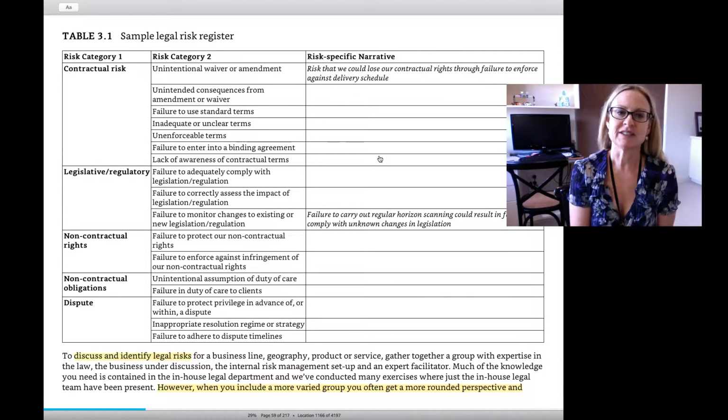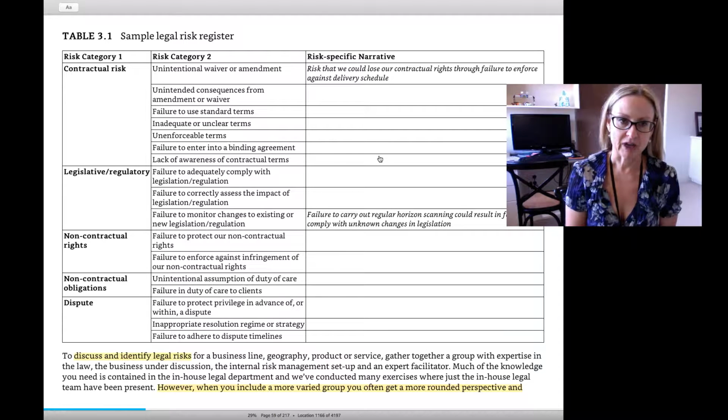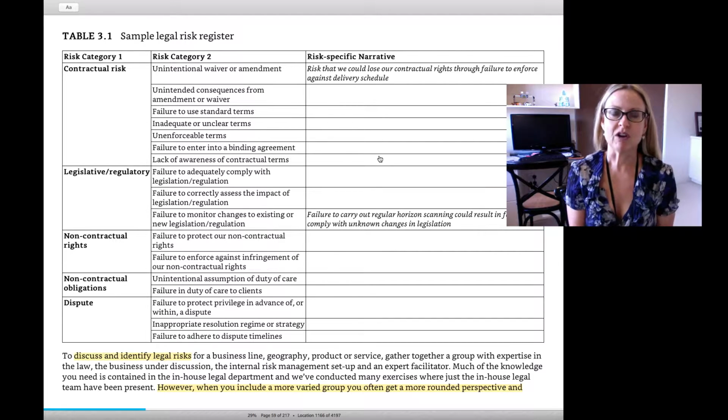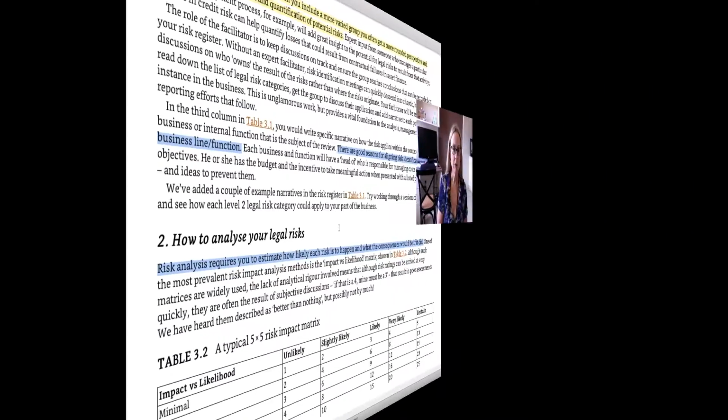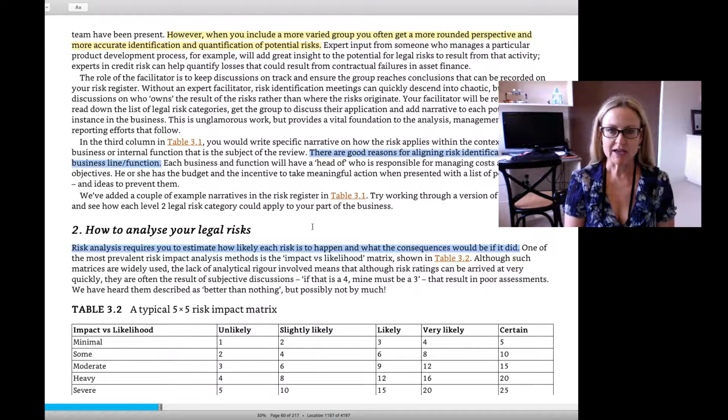So really it's just a discussions prompter, and it's intended to capture, by way of brainstorming, all of the different types of things that can crop up. Okay, that's your legal risk identification step. So moving from risk identification to risk analysis, the text sets out a couple of different ways to analyse legal risk.